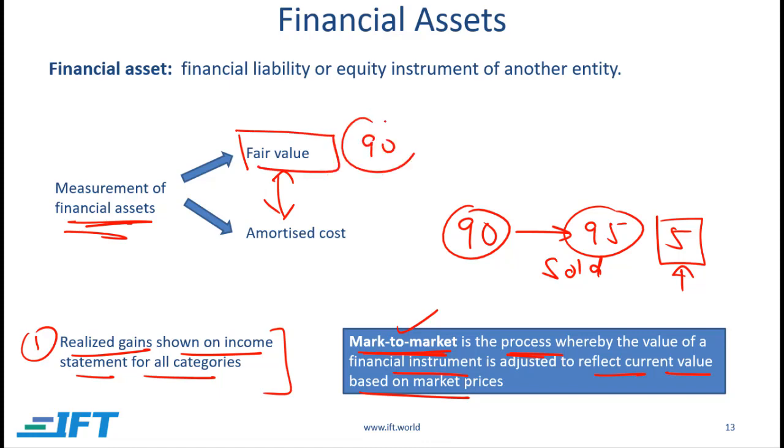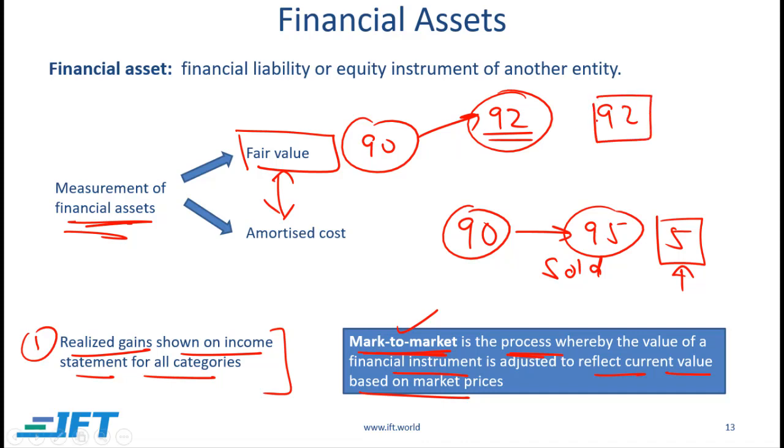If the fair value was initially 90, then the fair value goes up to 92 at the end of the period, but the company still holds on to this financial asset. On the company's balance sheet, the value now needs to show up as 92. So the process of increasing the value from 90 to 92 is called mark to market.